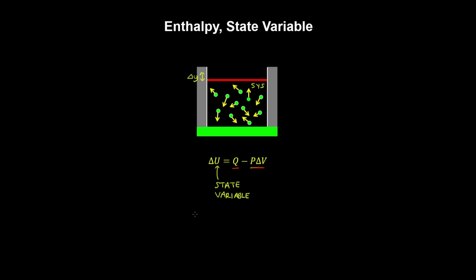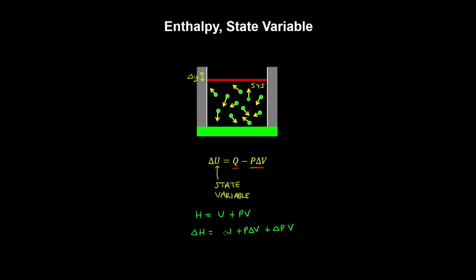Now a state variable that we'll use in chemistry is enthalpy, which is defined as the internal energy plus the pressure by the volume of the system. And therefore the change in enthalpy can be written as the change in internal energy plus the pressure by the change in volume plus the change in pressure multiplied by the volume.